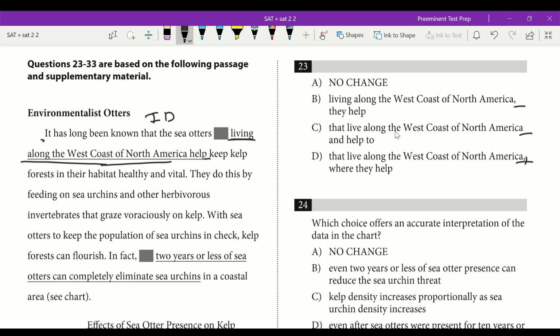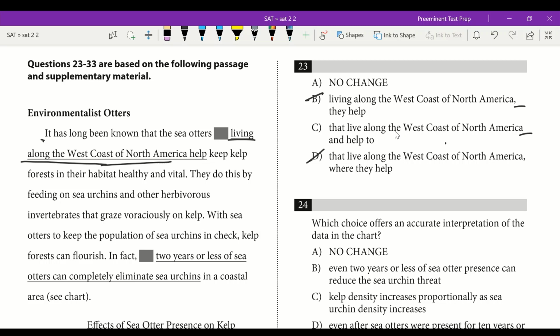If we just have it has been long known that the sea otters living along the west coast of North America, that isn't an independent clause itself, right? So then we run into a problem where we have a non-independent clause here, and that's including everything that precedes it. And then we have another non-independent clause following it, right? So we would have no independent clause, and therefore we'd have no sentence. So we know we can't have a comma. So we get rid of D, get rid of B. Now we're between A and C.